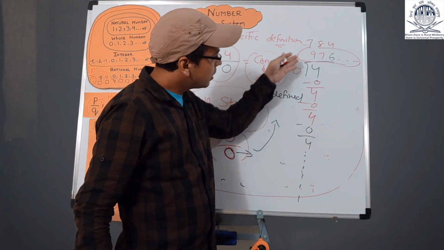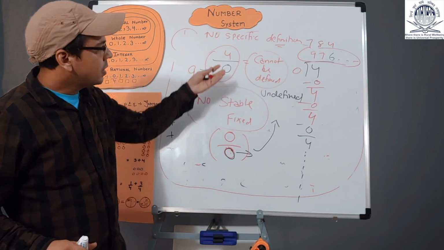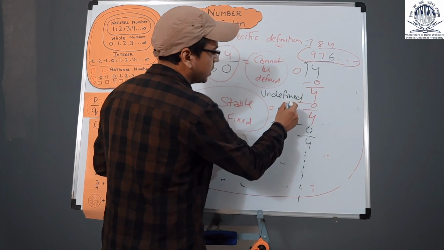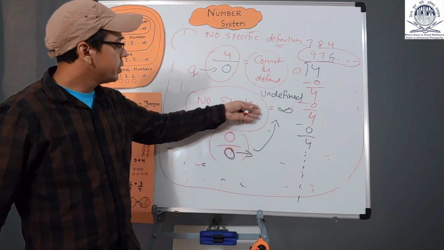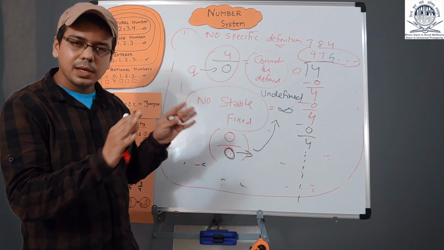And since it can go up to infinity, some mathematicians used to say that if you divide by 0, the answer would be infinity. So someone will say the answer will be infinity, someone will say it cannot be defined, someone will say it will be undefined. It's all the same.